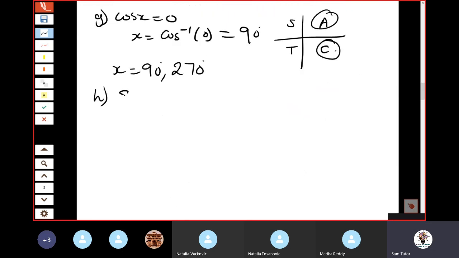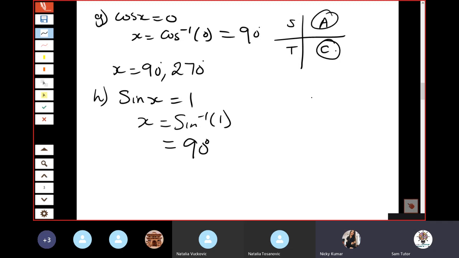Nikki, last one. Sine x equals 1. What are you going to do? So you would do x equals inverse sine of 1. And then you'd get 90. And then you draw All Stations To Central.